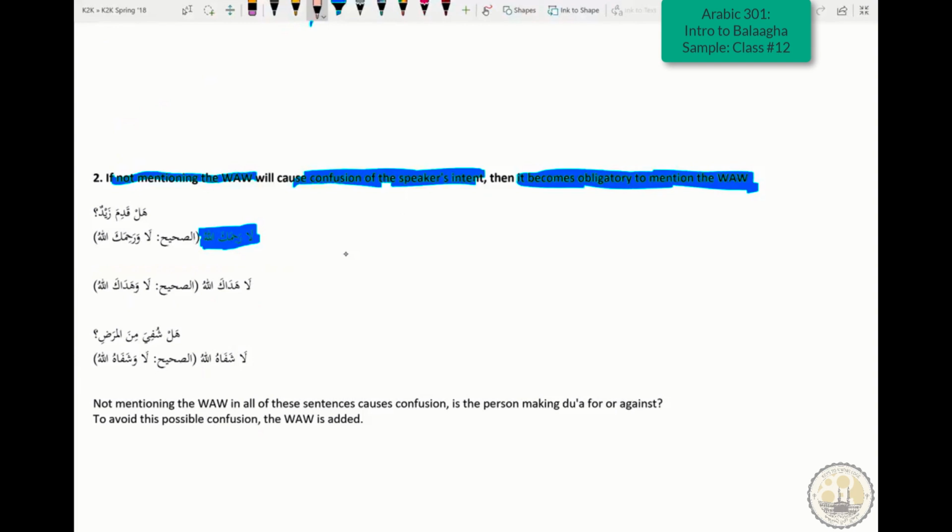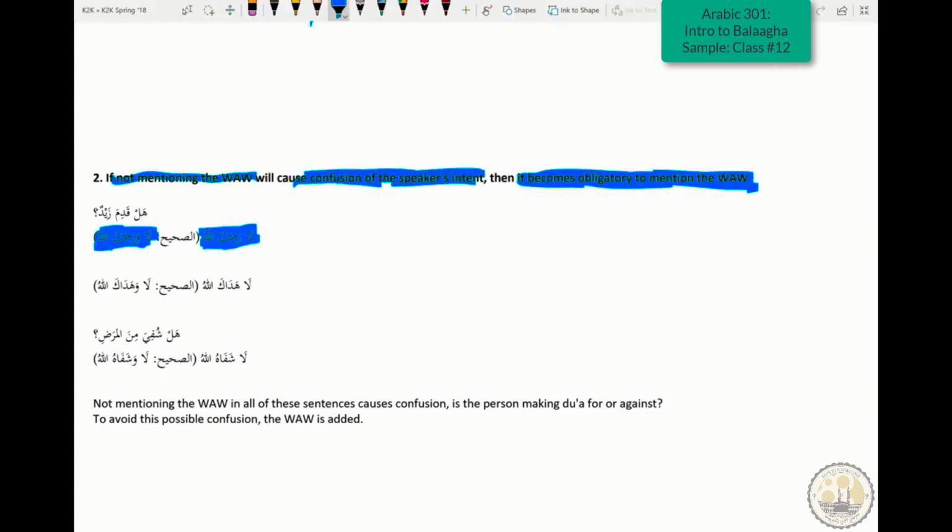You understand? The la here, may Allah not have mercy on you. Yani a dua here, صح? Or it's possible to understand one out of two things from this statement. It becomes obligatory to add the wow. It becomes obligatory to say La wa rahimakallah, right? To clarify that you're not making dua against that person, right? You're not making dua against, rather you are what?